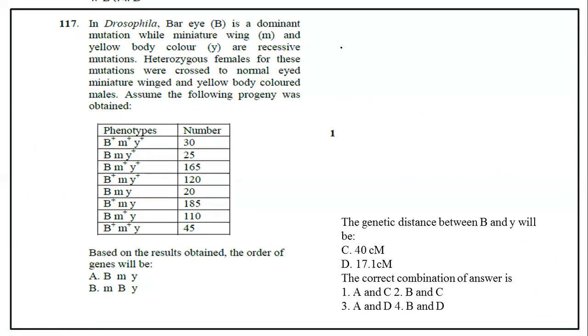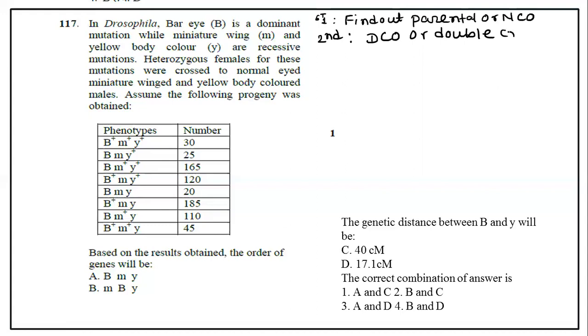Now here is the way. The steps: first, find the parental combination, or non-crossover frequency. Second, find the DCO, double crossover.